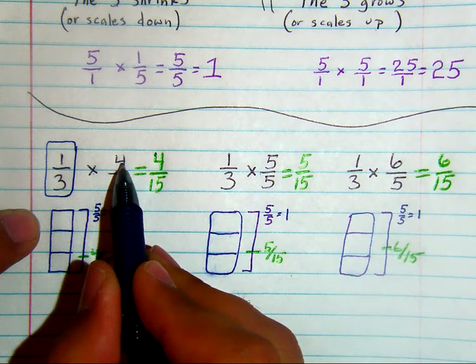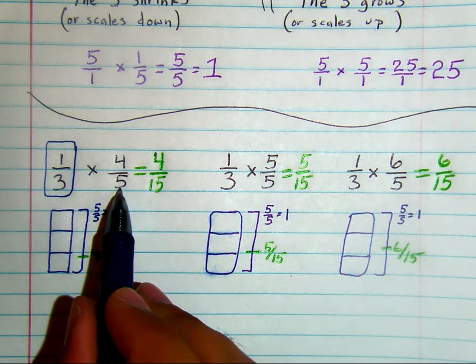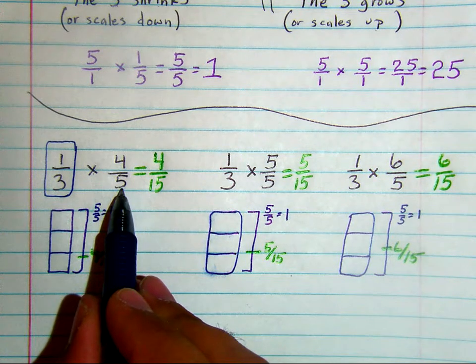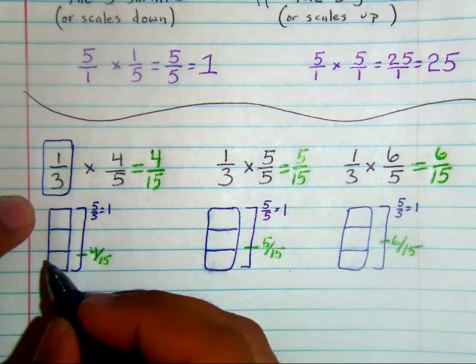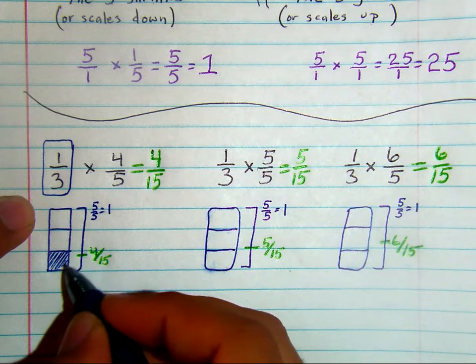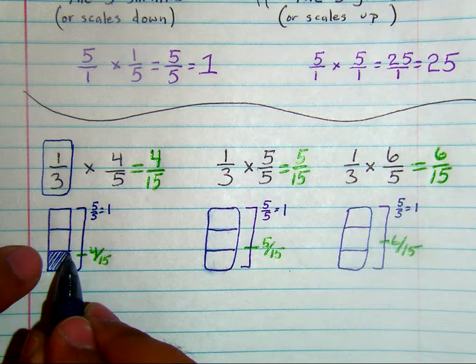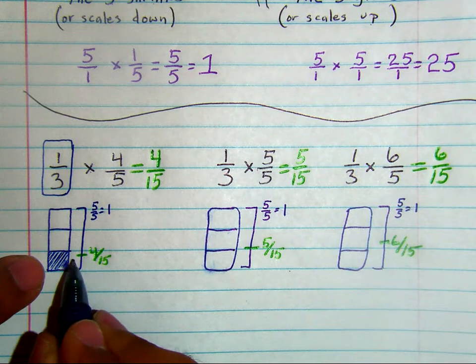This is less than 1. 4/5 is less than 1. 5/5 would be 1 whole. 4/5 is less than a whole. So what happens to the 1/3 when you multiply it times something less than 1? It shrinks. It scales down. Okay? So you end up with less than what you started with.